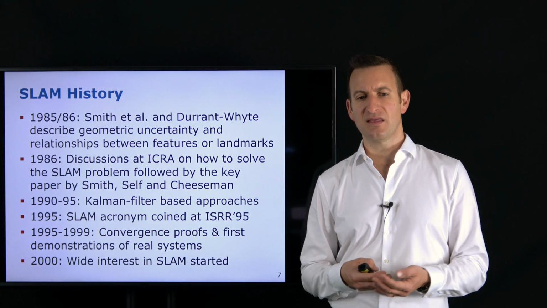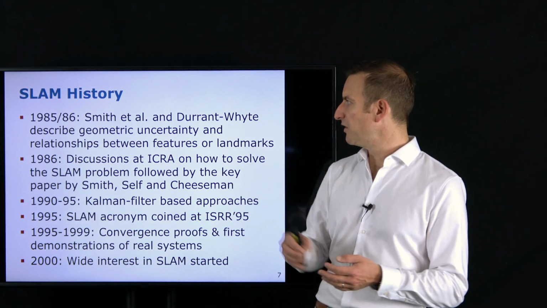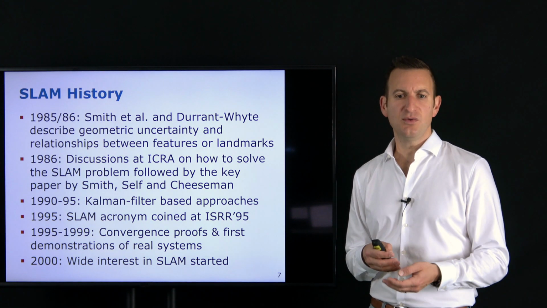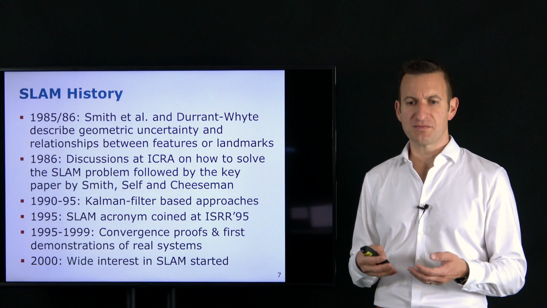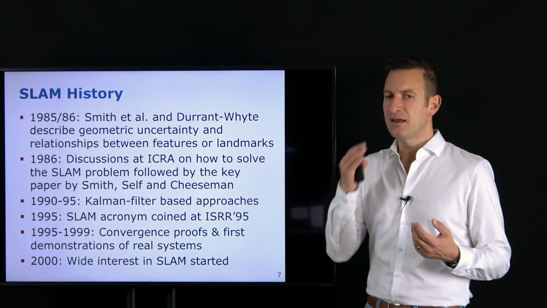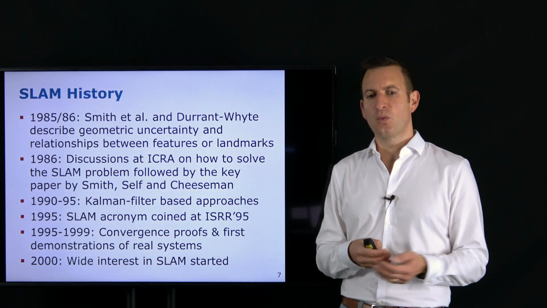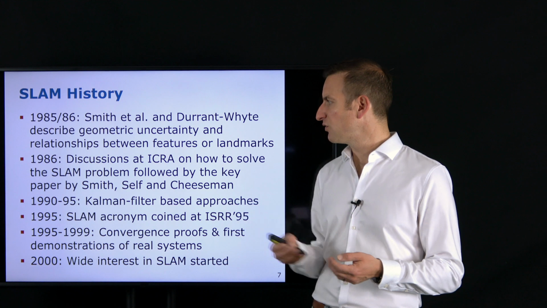It started in the mid-80s with approaches from Smith, Self, and Cheeseman, as well as Durrant-Whyte, which used probability theory in order to describe geometric relations relating landmarks or features that we have seen from sensors with the poses, and this has led to discussions on how to solve this problem.